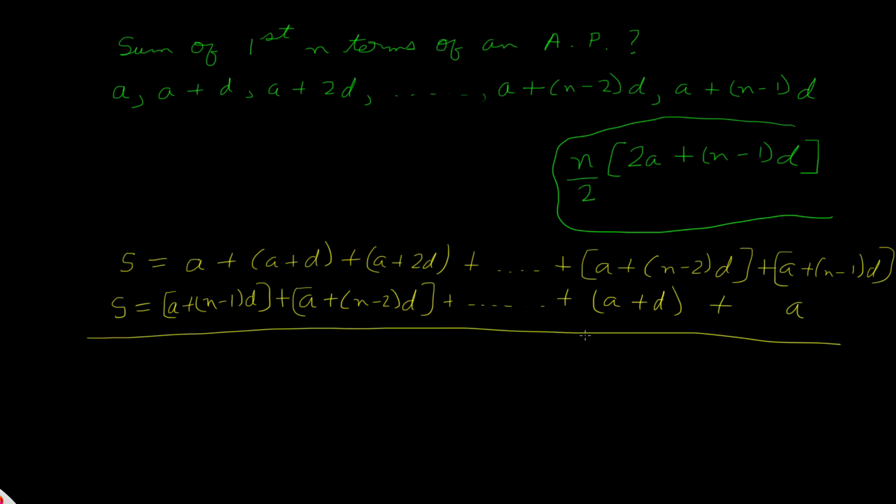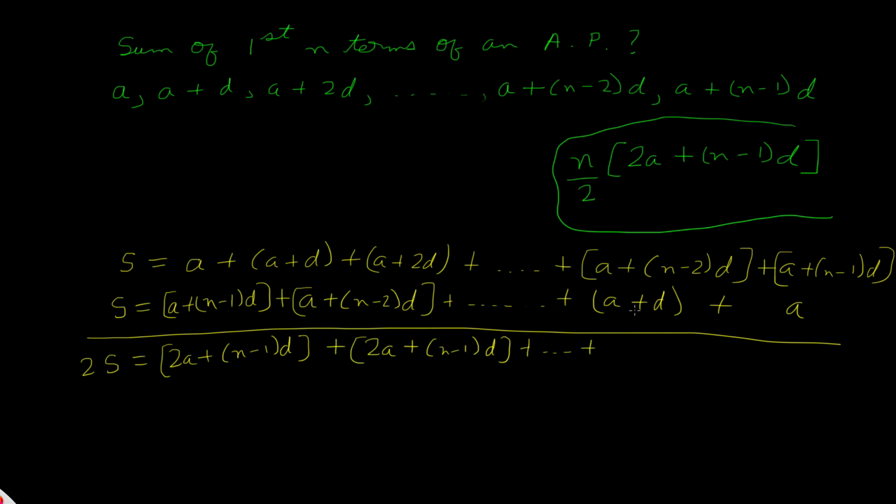Now if we add both of these equations, what do we get? S and S would be 2S. If you add the first term and the last term, A and A is 2A plus n minus 1 times D. Again, if you add the second term and the second last term, A and A would be 2A, and here you would have nD minus 2D, and you are adding plus D here, so it will be nD minus D, that is n minus 1 times D. So you would again get 2A plus n minus 1 times D, and so on.